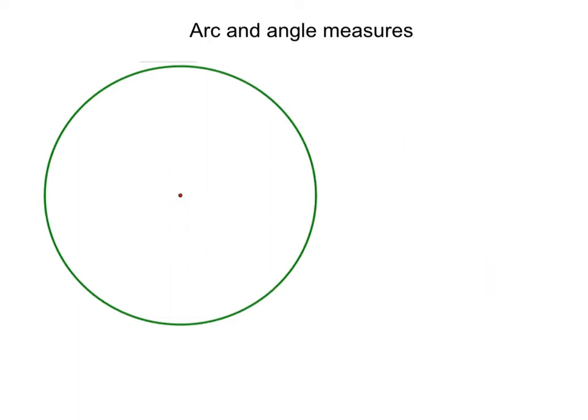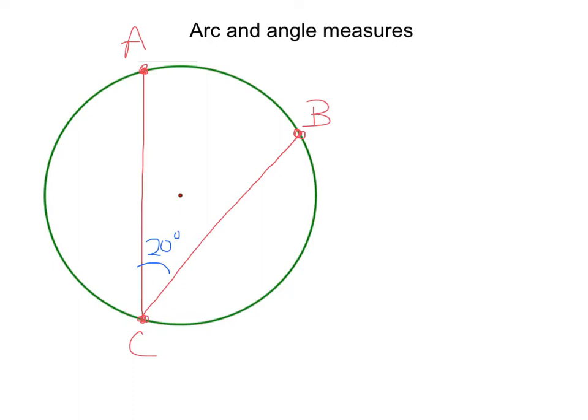Now what we're going to talk about is inscribed angles. If I have an inscribed angle, what's the measure of this arc, AB? Let's say for right now that this angle is 20 degrees.